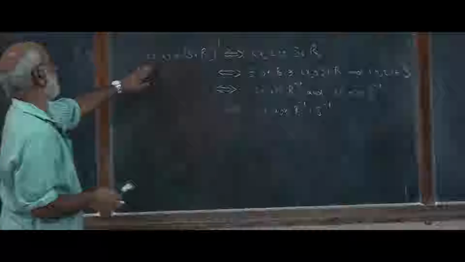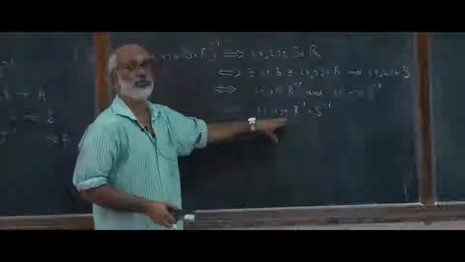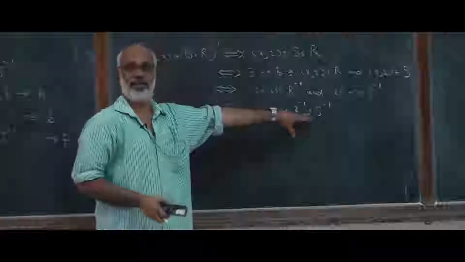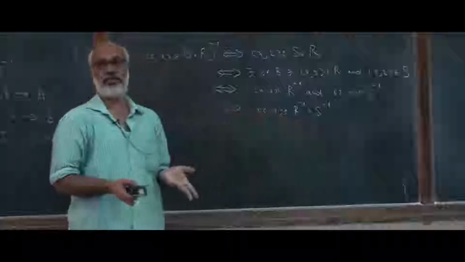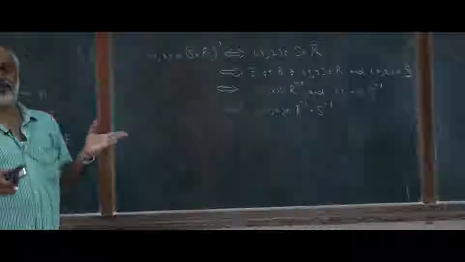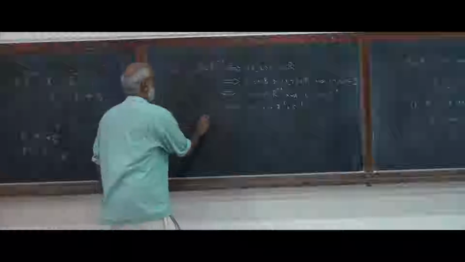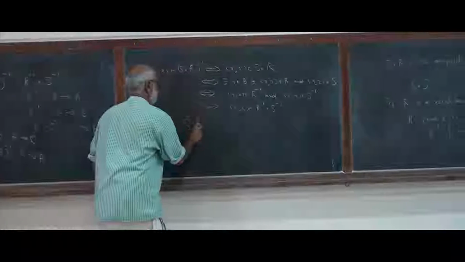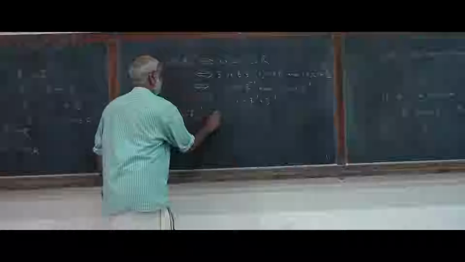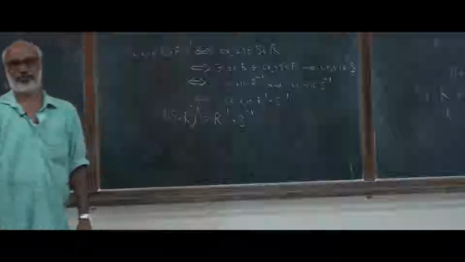So we have that (z, x) belongs to S composition R inverse if and only if (z, x) belongs to R inverse composition S inverse. That means they contain the same elements, or they are equal. That is, S composition R inverse is the same as R inverse composition S inverse.